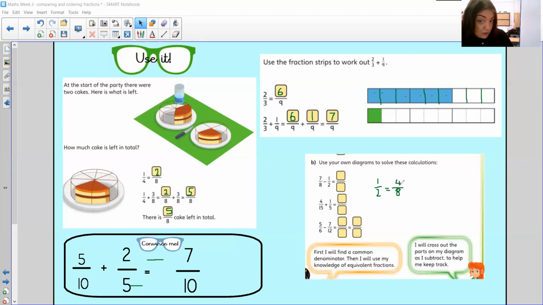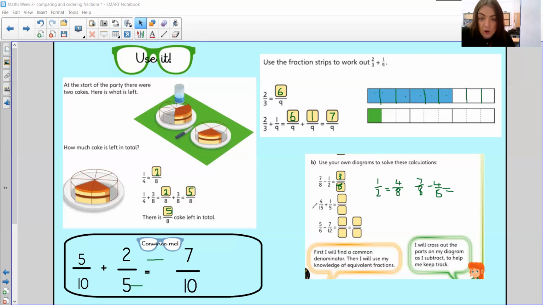So now I can do 7 eighths, take away 4 eighths. So let me just write that. 7 eighths, take away 4 eighths is going to give me what answer? 7, take away 4 is going to give me 3 eighths left over. There we go. Okay, so that one is 3 eighths.